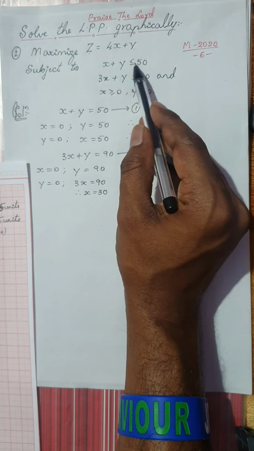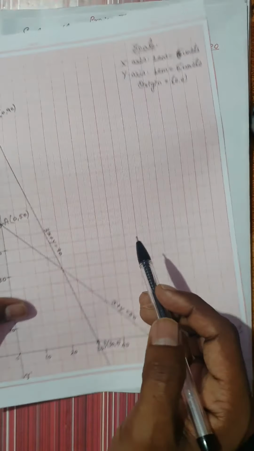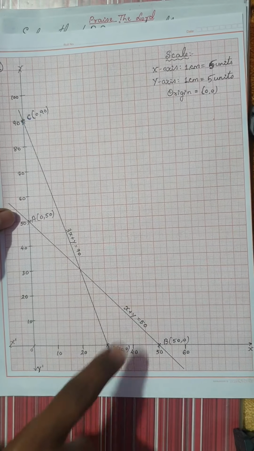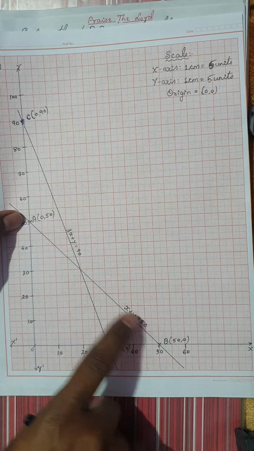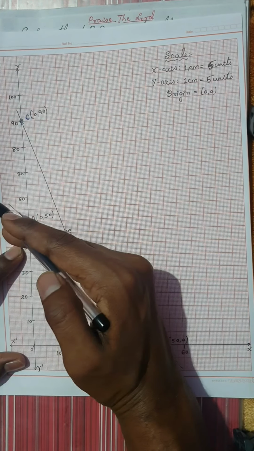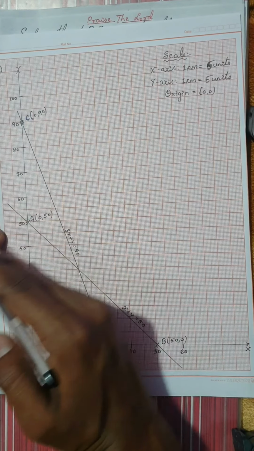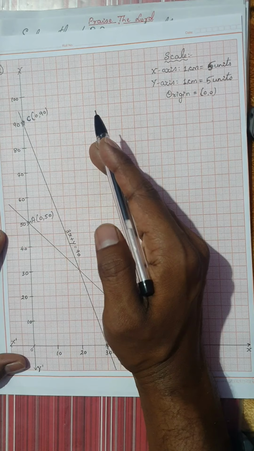Now x plus y less than or equal to 50 means the portion which we are going to see is, this is the line x plus y is equal to 50. When I say less than or equal to 50, logically if I take a line obliquely, the left side would be the less than part and the right hand side would be the greater than part.